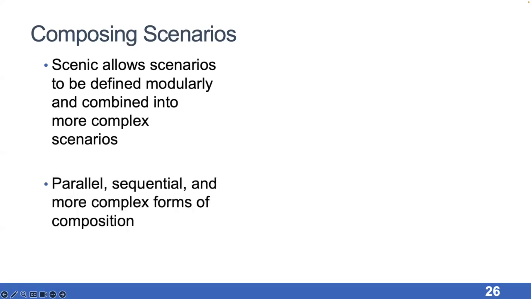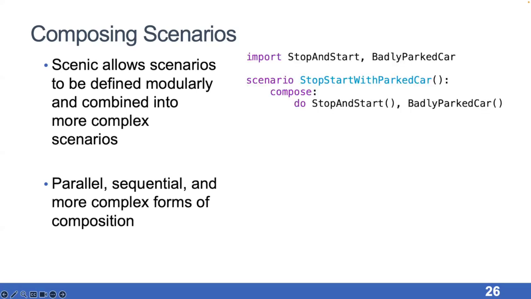And SCENIC provides various features for doing this, to take scenarios and compose them in parallel, so they run at the same time, or sequentially, so one goes and then when it finishes, another one starts, etc. So there's syntax, for example, where you can import scenarios from other SCENIC libraries and define modular scenarios built out of those. So this is a scenario statement which defines a stop-start with parked car scenario, which is a parallel composition of these two sub-scenarios.